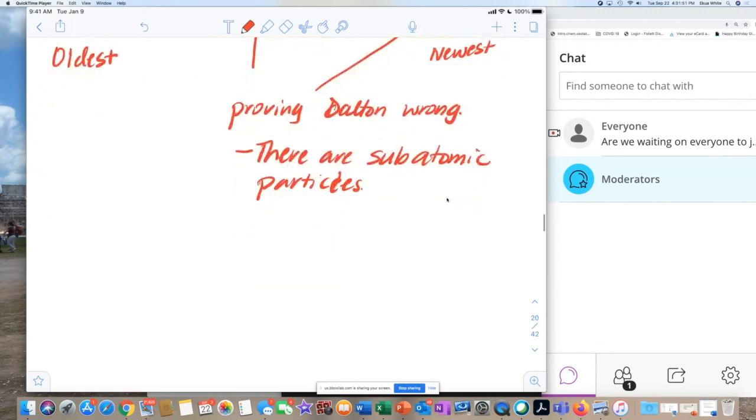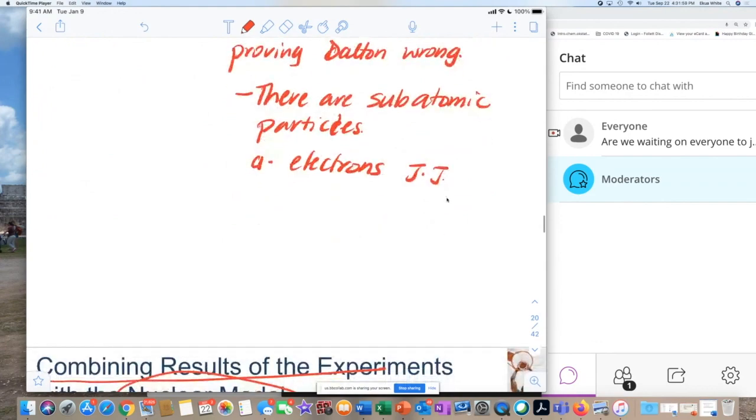I'm not done yet, but we can see that we have electrons, and electrons were discovered by J.J. Thomson. Protons, and we'll see in a little bit that it was Rutherford who discovered protons. And then finally, Rutherford's student, whose story hasn't been told yet, discovered the neutrons. His name is Chadwick.